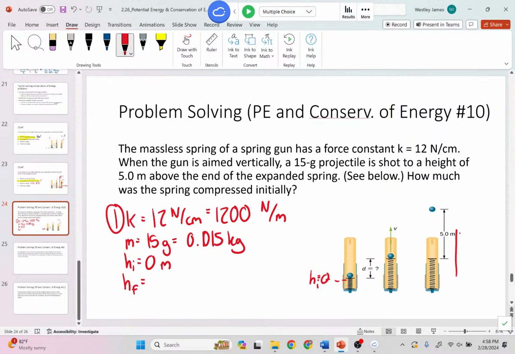The final height, if we define this as 0, is 5 plus the distance that the spring is compressed. What does this mean? I'm going to straight up tell you, I'm going to erase this in just a few seconds because we're not actually going to solve it this way. Because this just adds extra algebra with very little benefit.